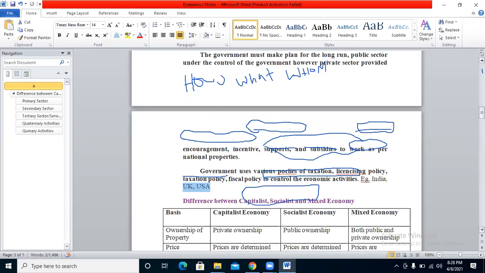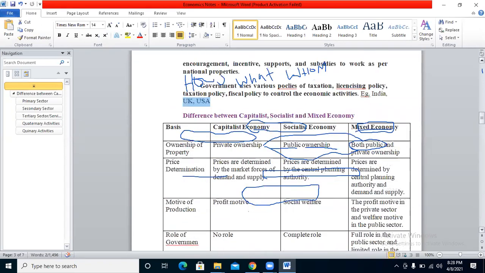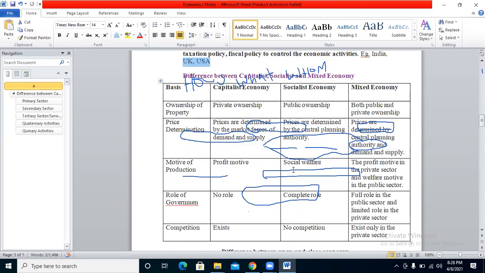Next, in the table, you can go through the basic differences between the three types of economy. Basic ownership of property: in the capitalist economy it is under private ownership, in the socialist economy public ownership, and in the mixed economy both public and private ownership. Next is price determination.